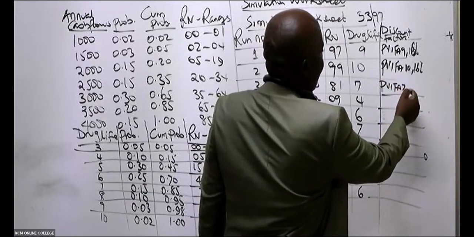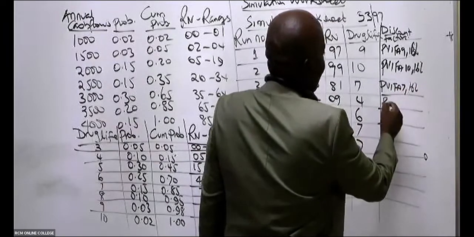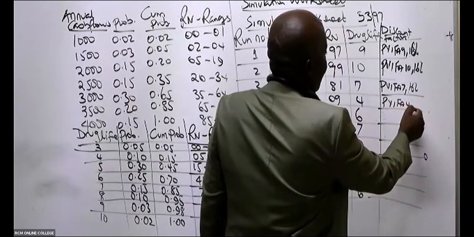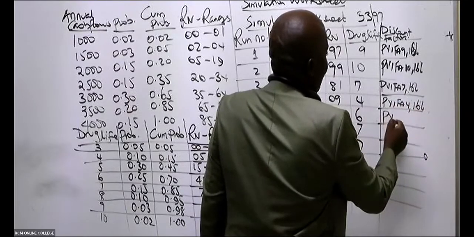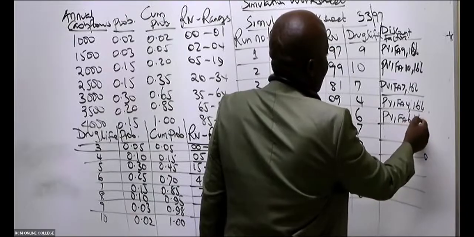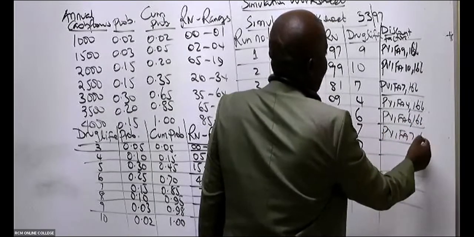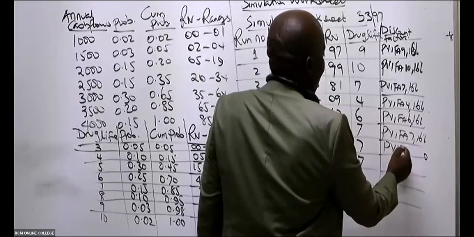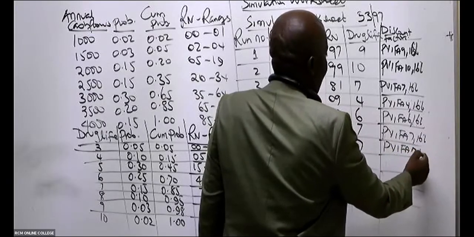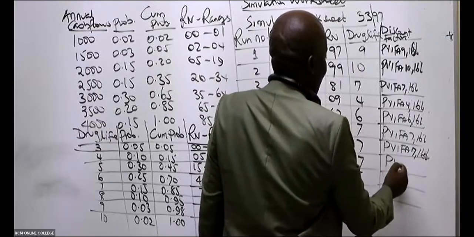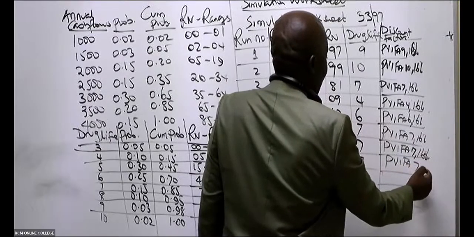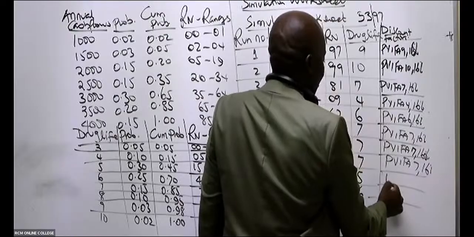Yeah, PVFA 7, 16% is common. PVFA 4, 16%. PVFA 6, 16%. PVFA 7, 16%.